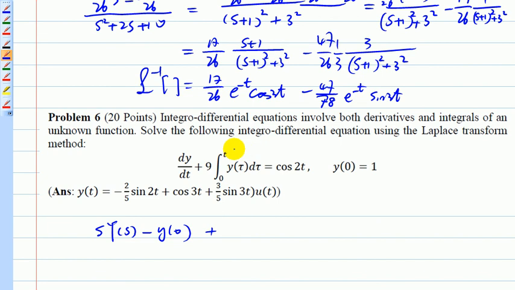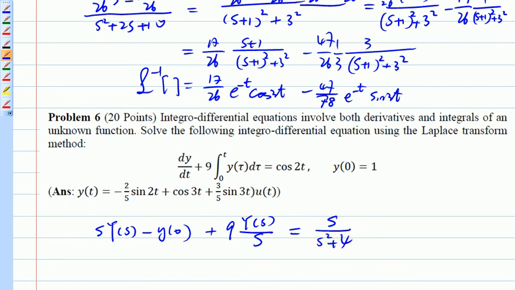And the second one, what is the Laplace transform of the integration? You do have that in your table, and what you get here is capital Y of s over s. You don't have to care about the initial condition here. The other side is s over s squared plus 4.